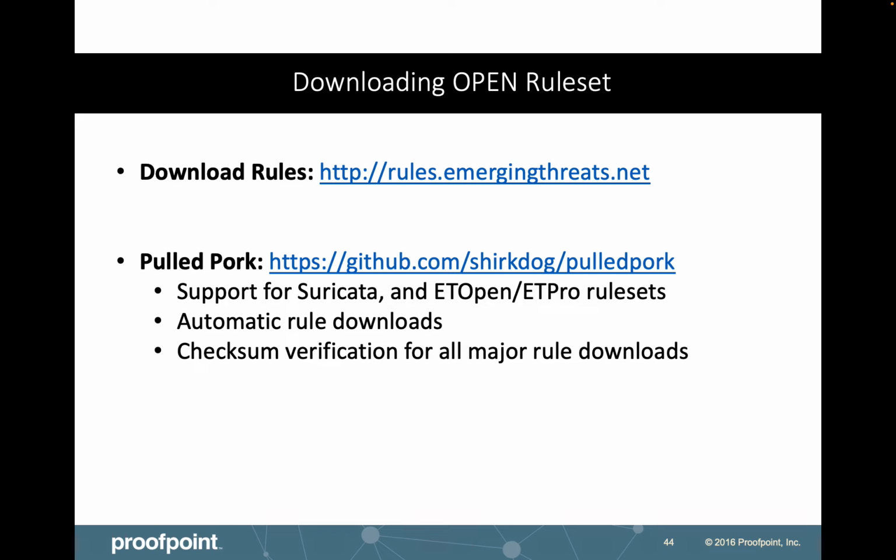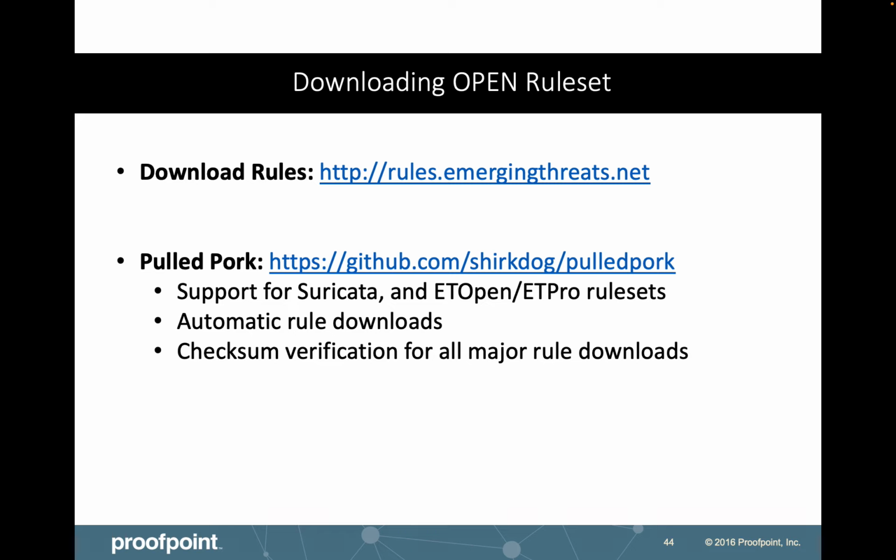There is a tool called PulledPork, which works with Suricata, Snort, and basically any rule set that you want to use. It will automatically download signatures and you can do some verification. We'll check the hash of your rule file, send that out to all your sensors and add some automation there.